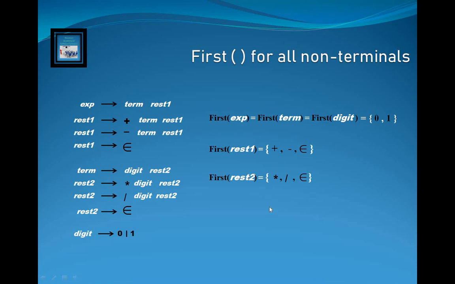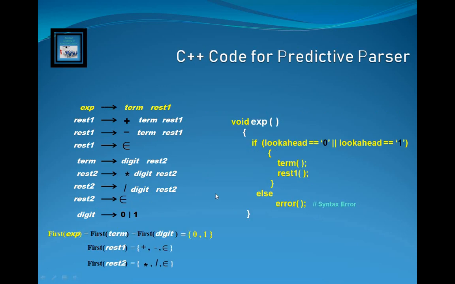So we have found the first function sets for each of the non-terminals within this grammar. Now we will start coding the predictive parser for this grammar. Look here, the grammar is shown here as well as the first functions.